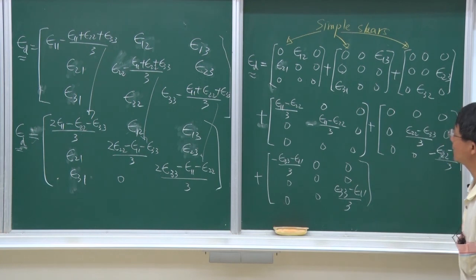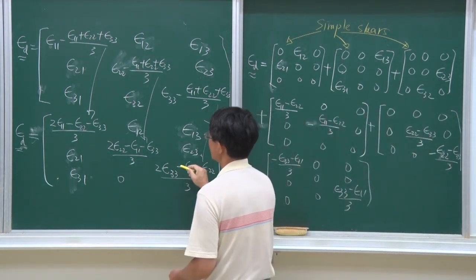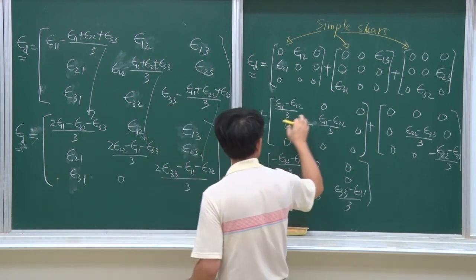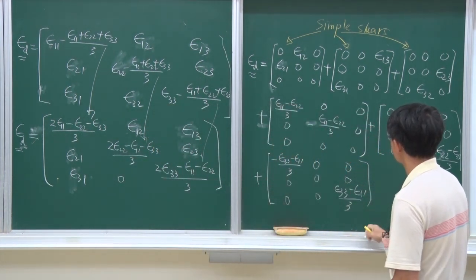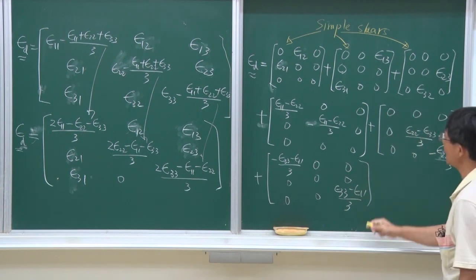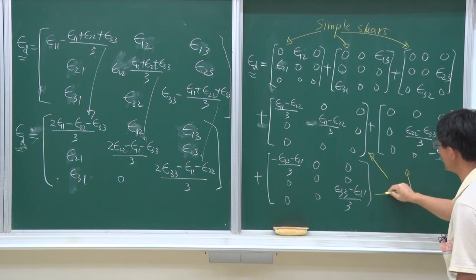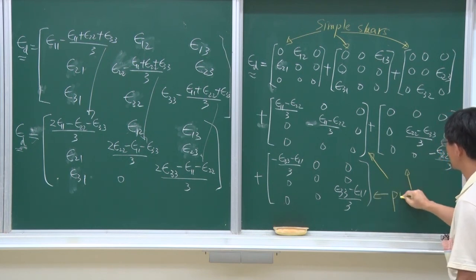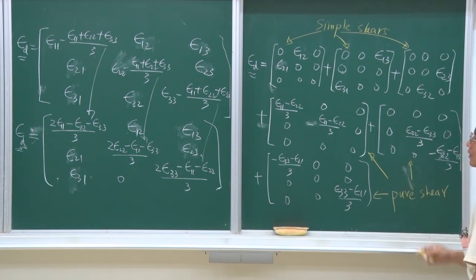Yes, we can decompose the diagonal terms into 3 parts. Okay, and these 3 parts represent the pure shear. Okay, this part represents the pure shear.